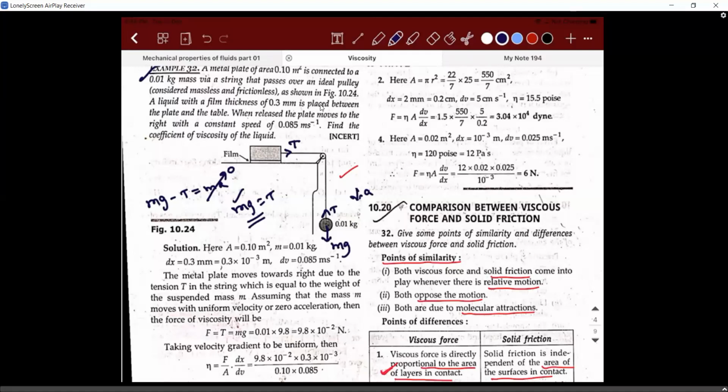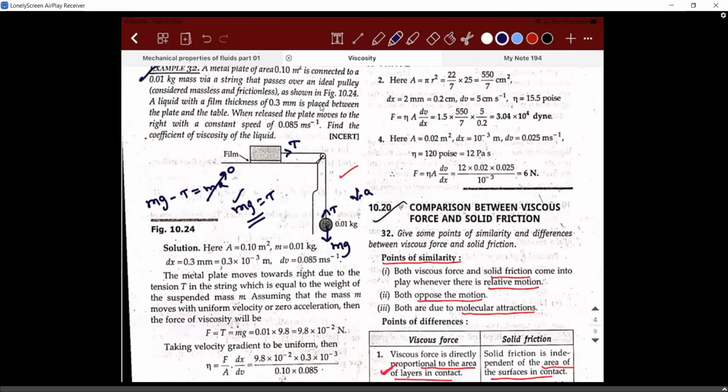So eta is equal to F by A into dx by dv. What is the value of F you got? F is the numerical value of tension. How much is it? You took g as 10. Okay, so 0.1. What is the value of A? 0.1 meters square.